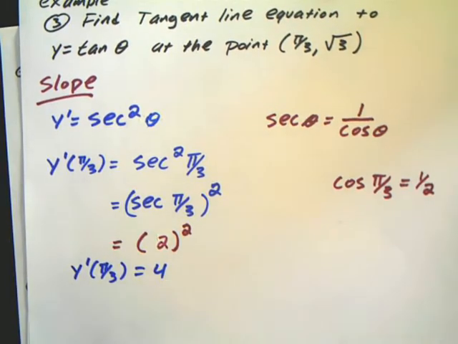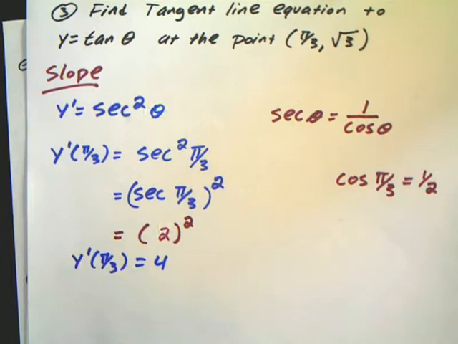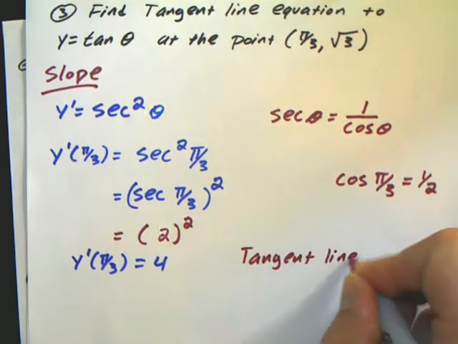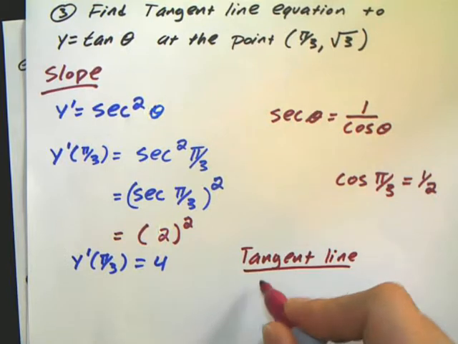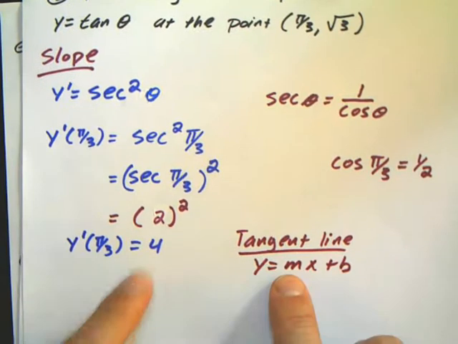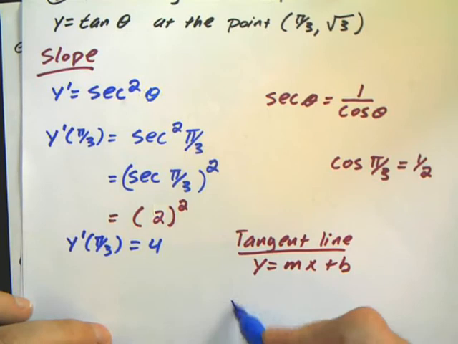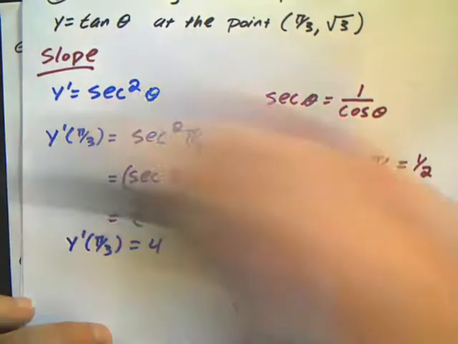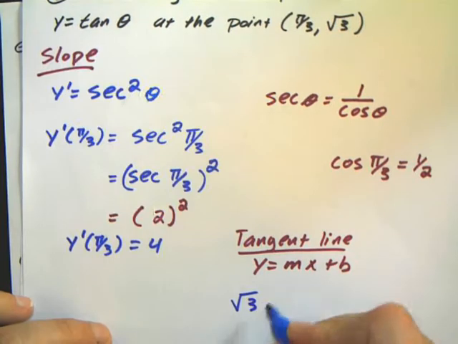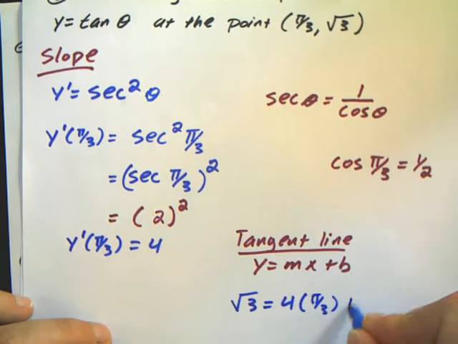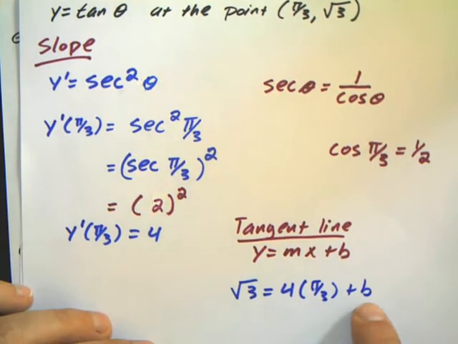So now that I have my slope, I can write my tangent line equation as y equal to mx plus b. I know the m is going to be 4. I know my y coordinate is square root of 3 from up here, and the x value is pi over 3, plus b, so really all I have to do is solve for b.